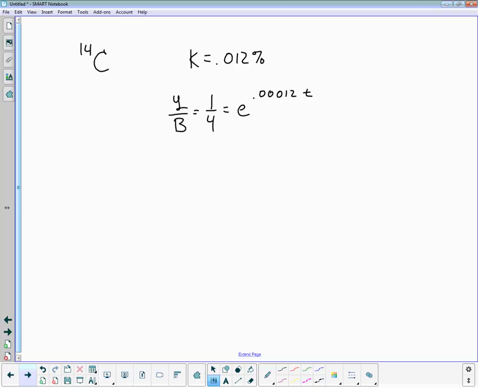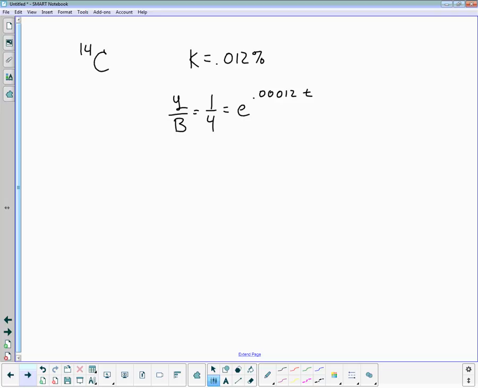I'm going to put it in the calculator. What does your answer turn out to be? A negative number, right? And that makes sense because it's time ago. It's in the past.